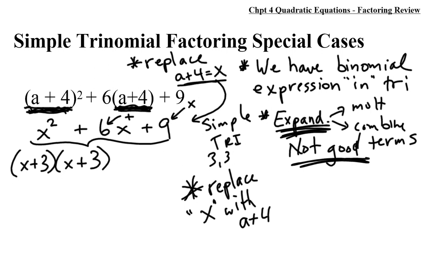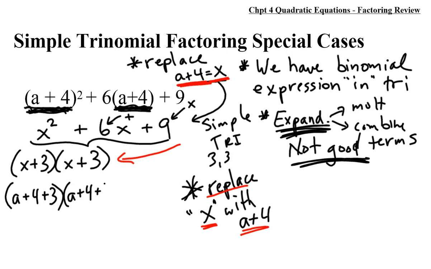Because we turned a plus 4 into x up here, now that we're factored, we need to replace x with a plus 4 again. So this becomes a plus 4 plus 3 times a plus 4 plus 3.